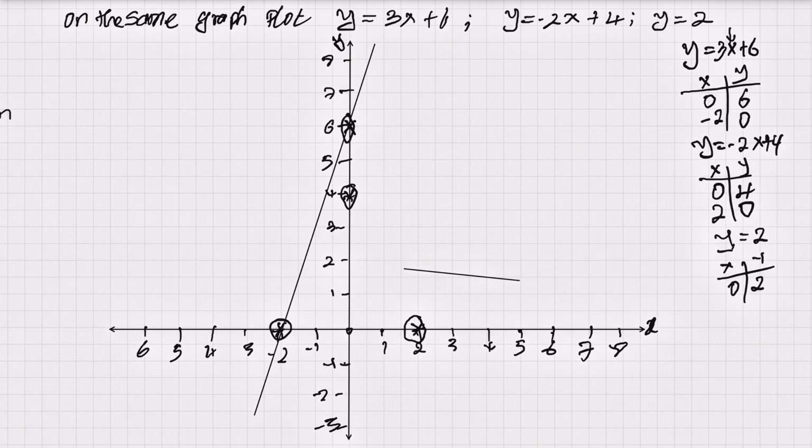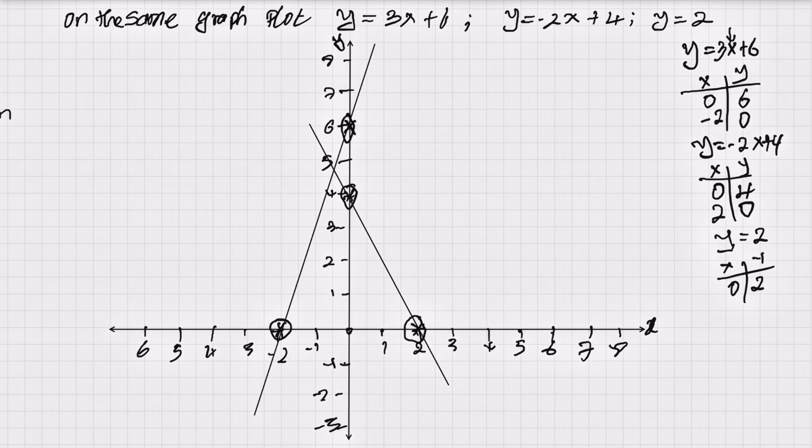So I'll bring this one here and produce the line, just like that. You see? So just make sure it's cutting across the 2 points, like that. So that will be the line.